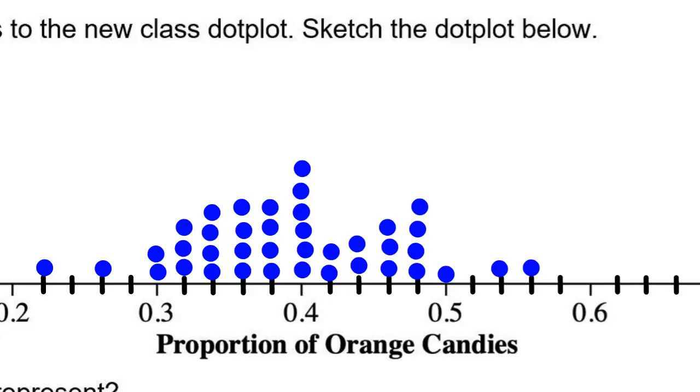You said the last one was 0.5? Perfect. Guys, I need you copying the dot plot into your notes. 0.46, 0.36, 0.3, and 0.38. Thank you. 0.46, 0.4, 0.38.